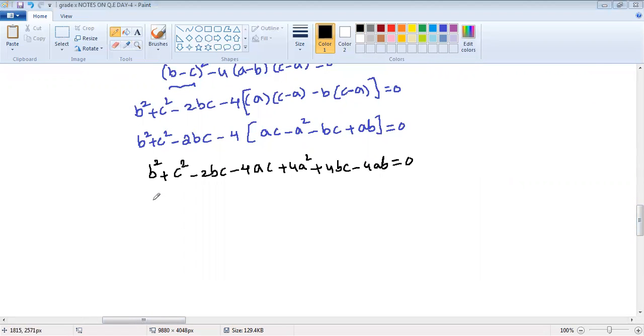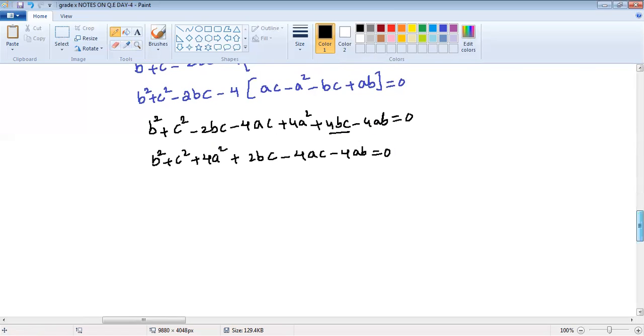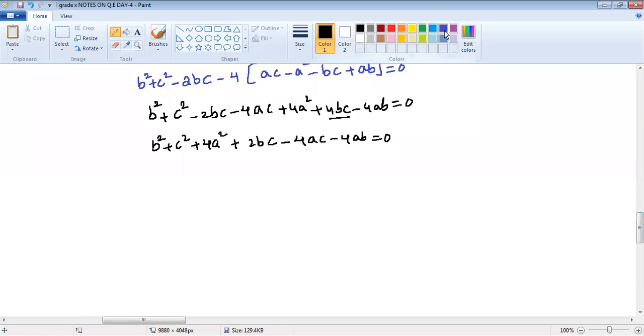Now please try to simplify. b square plus c square, I'm writing 4a square in front. Now minus 2bc plus 4bc, so plus 2bc, right? Yes, sir. Minus 4ac minus 4ab, which is equal to 0. Got it, Pranav? Yes, sir. Got it, Vaibhav? Yes, sir.